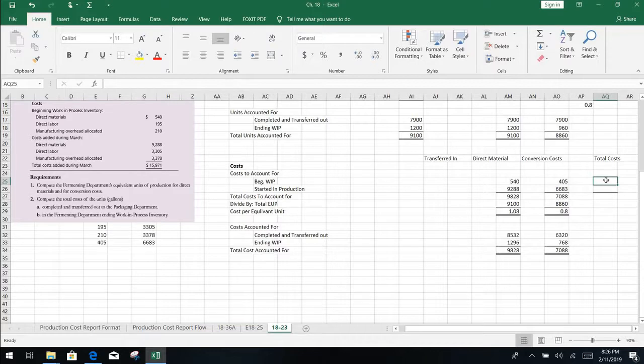Equals this plus this. And we're going to add these. Equals, oh, let's go back. Equals this plus this. Enter. Let's sum those.